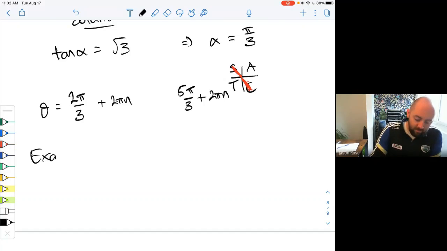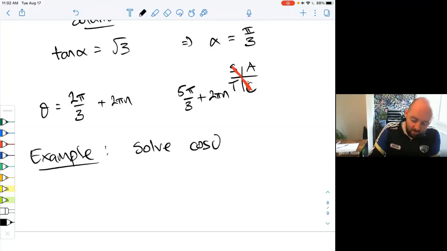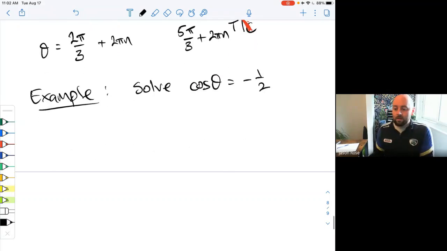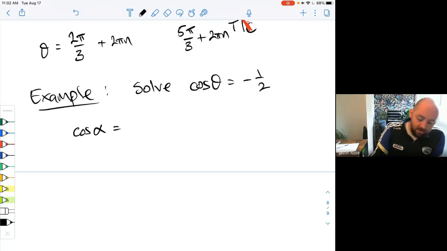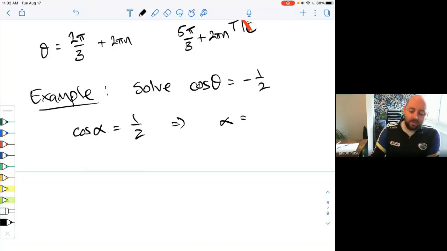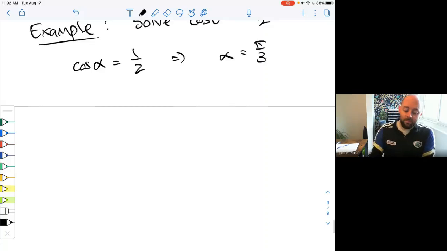Okay, so I'll do one more example, just for repetition's sake to get used to it. So we're going to solve cosine of theta equals -1/2. Again, we go with the reference angle. Cosine of alpha equals 1/2. In quadrant 1, that would mean that alpha is pi over 3. So we have another over 3 angle to do.